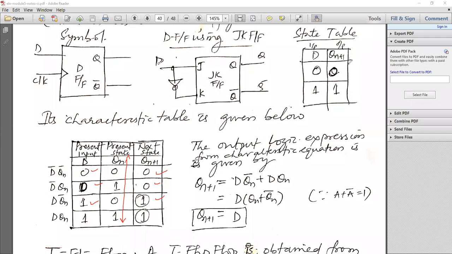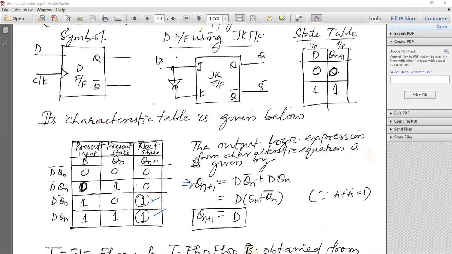Now I can write the equation of this, that is the characteristic equation. How can I write the characteristic equation for the D flip-flop? That is the state equation.